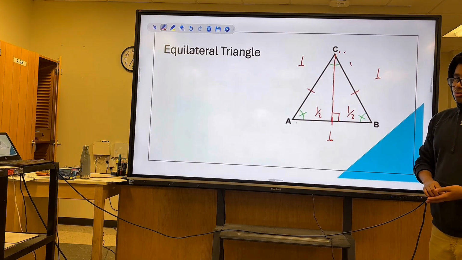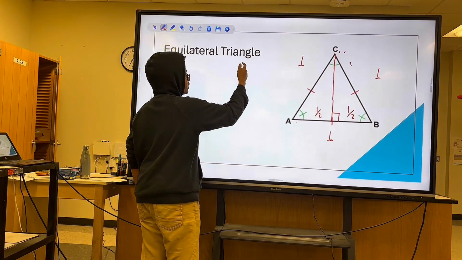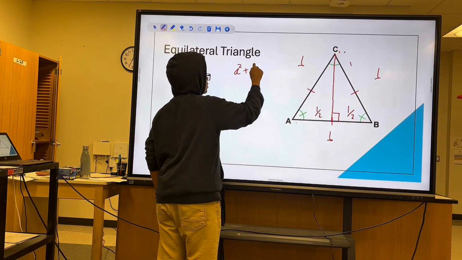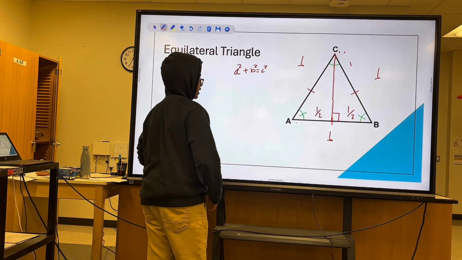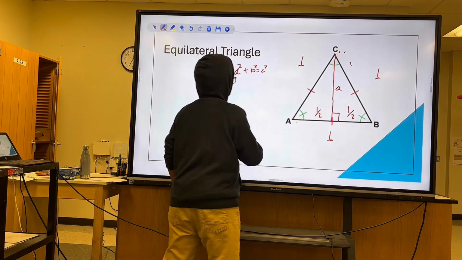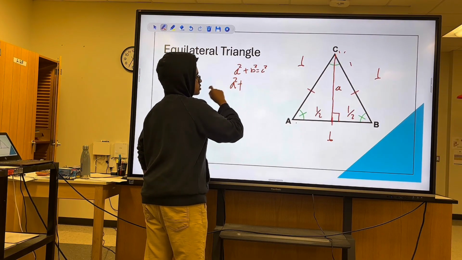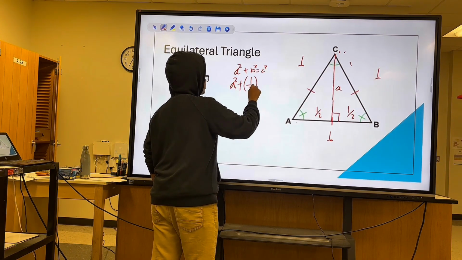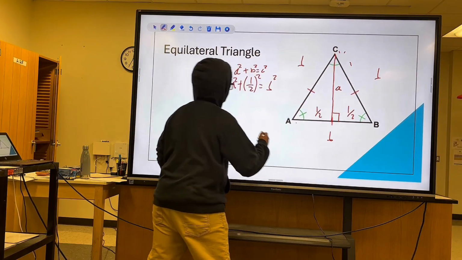Now what we're going to use is the very famous Pythagorean theorem: a squared plus b squared equals c squared. We did something similar for the isosceles triangle. So we're trying to find this side. We're going to use a squared plus b squared, which is 1/2 squared, equal to 1 squared, which is that side.